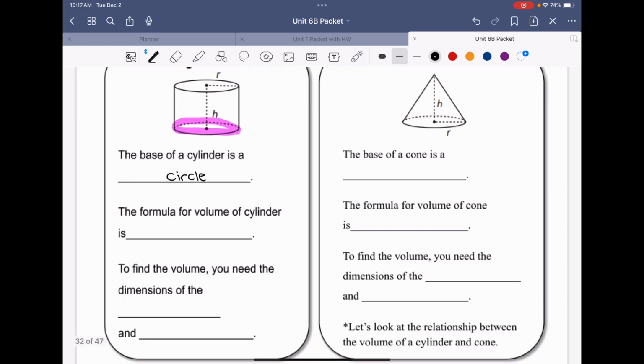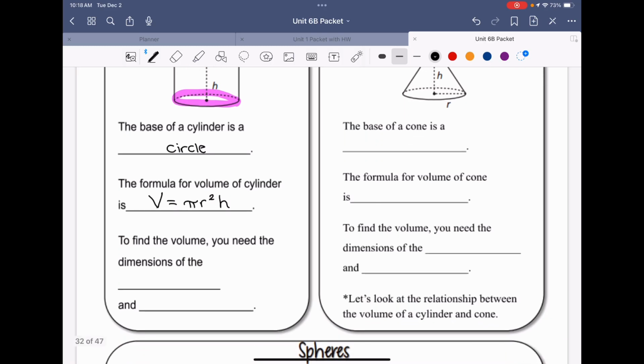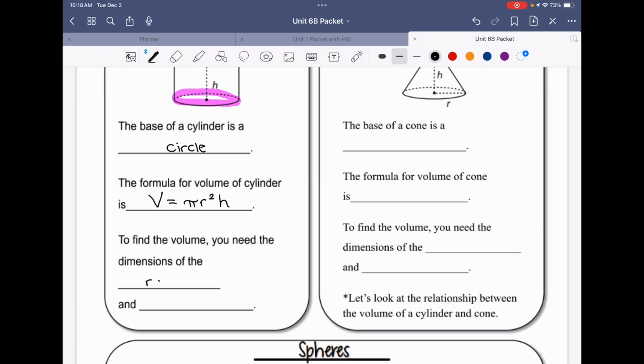And that base being a circle, the area of our base, just like how we talked about that with our prisms and our pyramids, is going to give us a part of our formula. So the formula that we're using for volume for our cylinder is pi r squared, and then we're adding on that h for the height of our cylinder. So to find that volume, we just need to know the dimensions of the radius and the height.